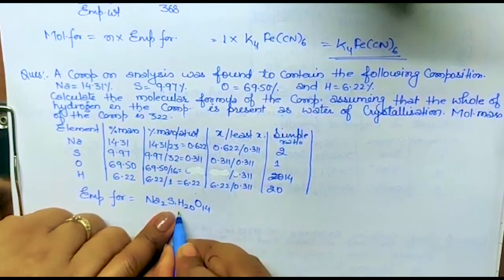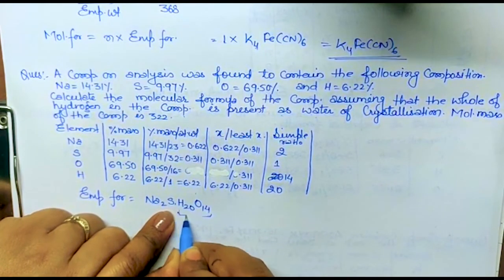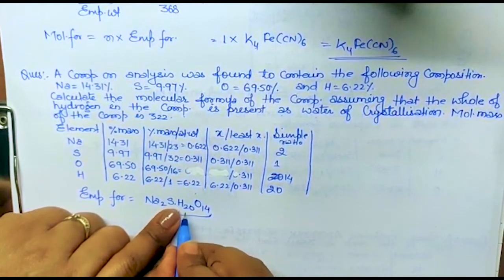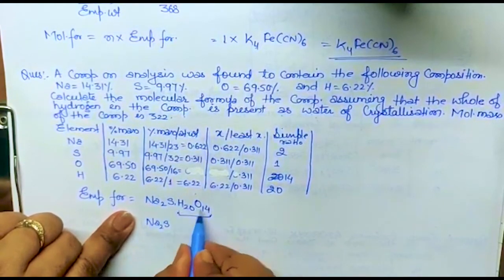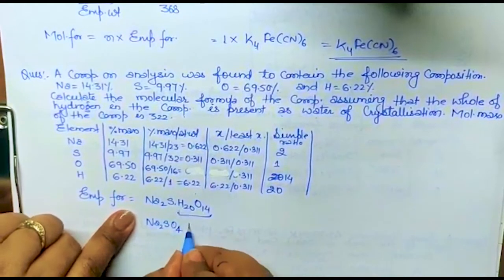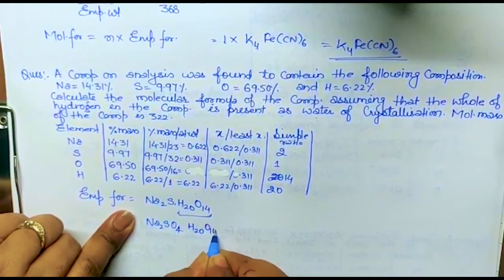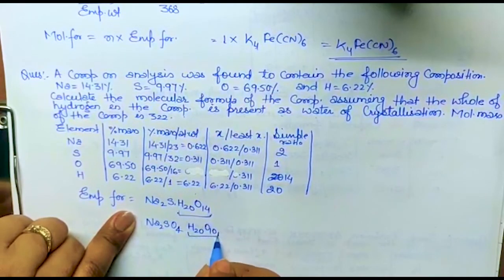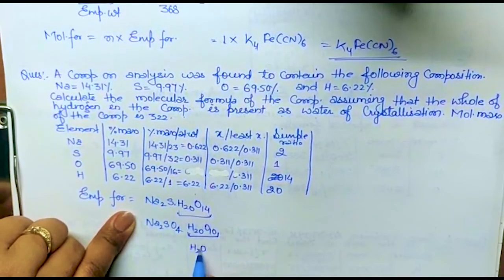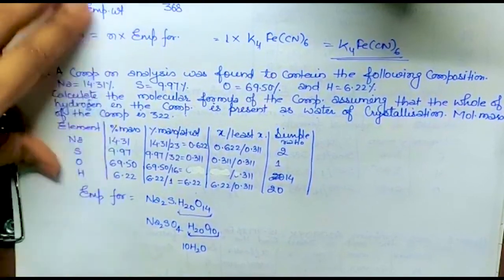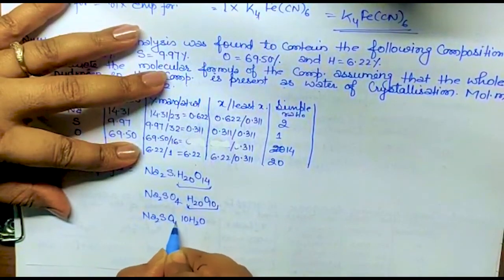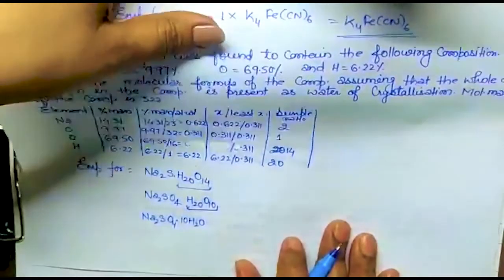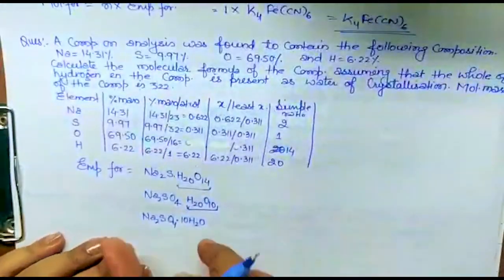So can I write this one like Na2S, and 4 I am writing over here, and H20O10. So can this be H2O? And this 10 we are taking out common, so let it be like this. Can't we write? Yes. So what is the formula? Na2SO4.10H2O.